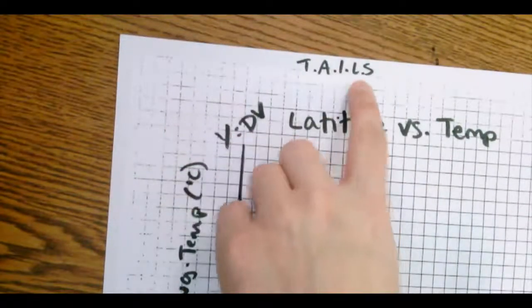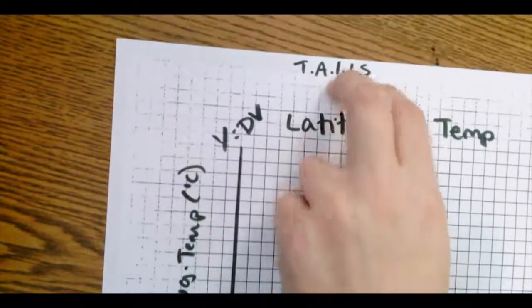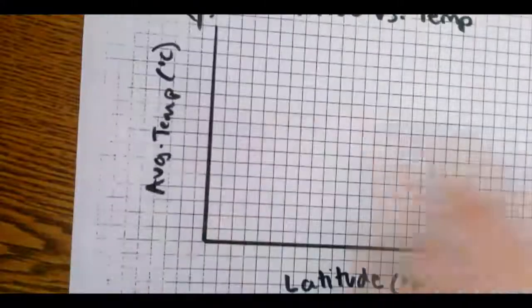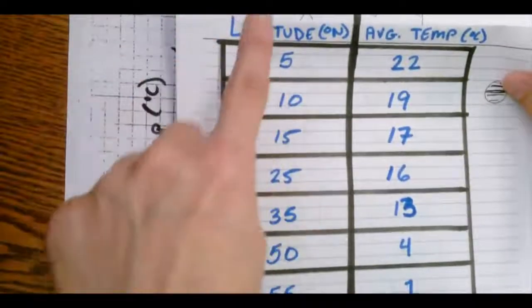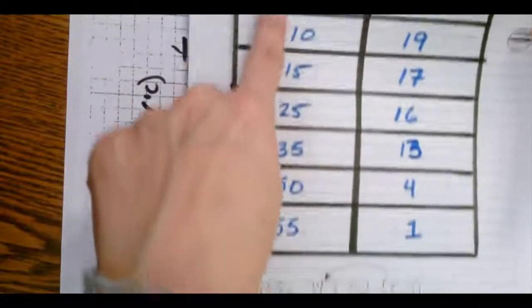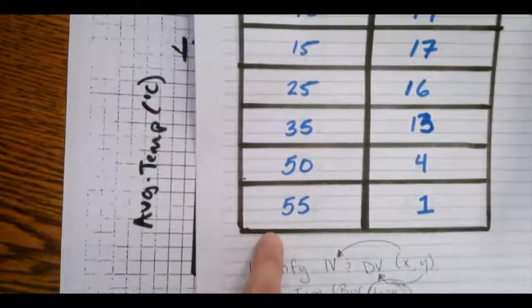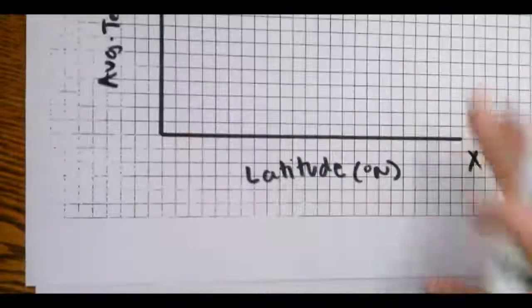Okay, now we have our title, our axes, our labels. Now we're going to look at the intervals and the size. This is where you need to go back to your data table. So let's start on the x-axis. I'm going to look at my latitude. I see my smallest number is 5, and it goes all the way up to 55. So I've got to figure out how to fit all those numbers here.